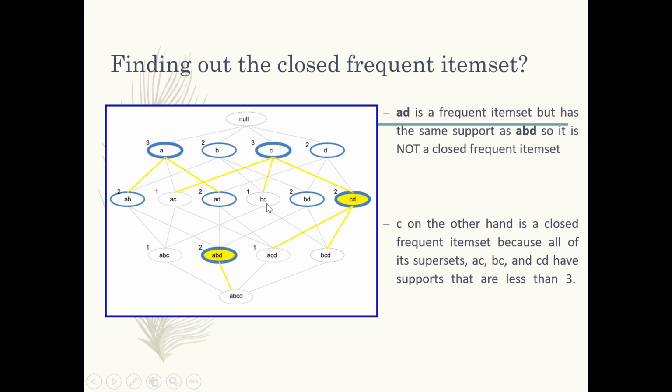It has to be less, it cannot be the same, and that is true for C. That is why C, on the other hand, is a closed frequent item set. Why? Because all of its supersets, AC, BC, CD, have support counts that are less than the count of C, which is 3. You have 1, 1, 2, all less. So this is how you will define closed frequent item sets. Now this is very, very important. All right. Thank you, class.